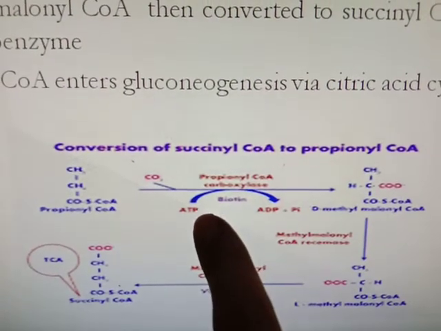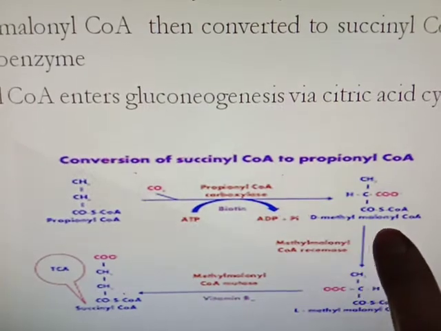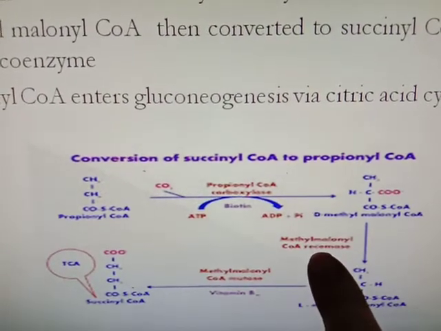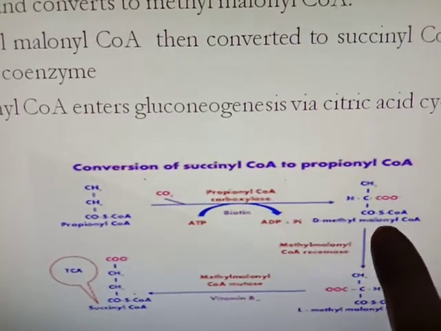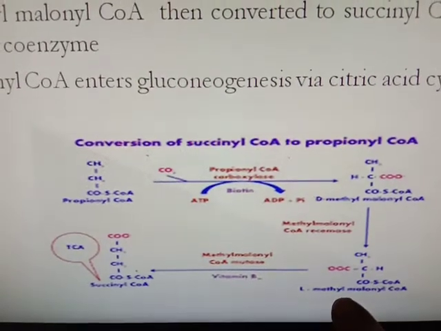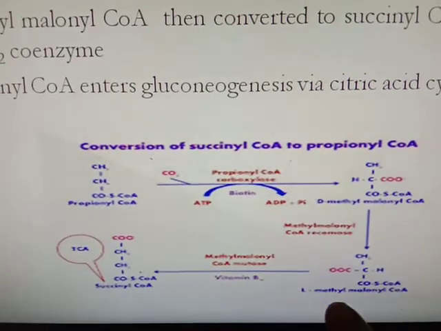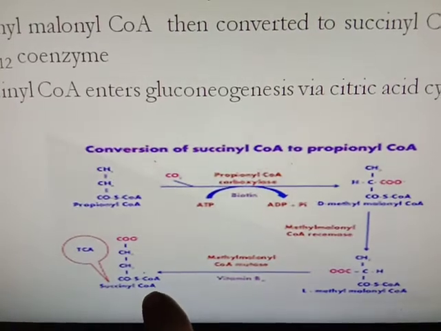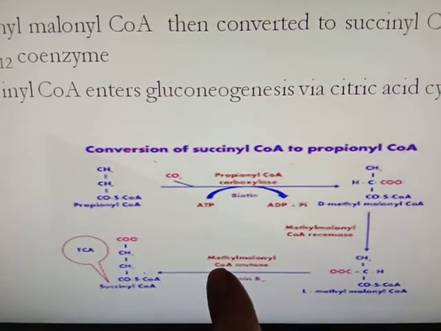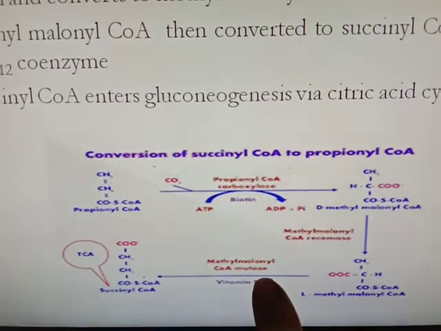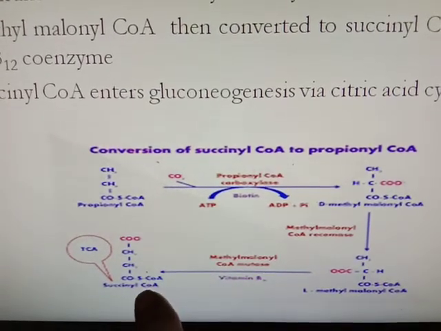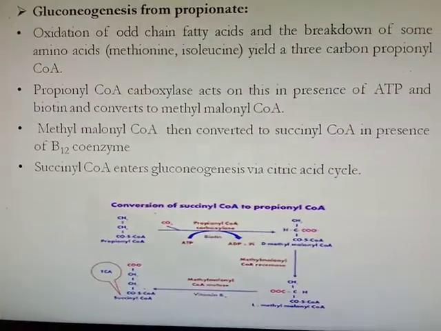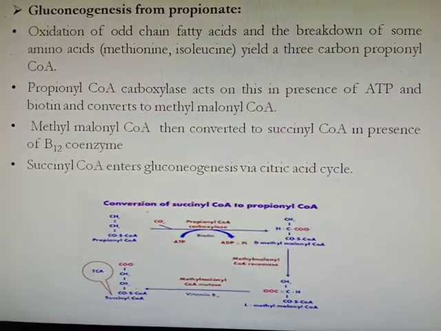In the presence of ATP, it forms D-methylmalonyl coenzyme A. Then methylmalonyl coenzyme A racemase acts on this D-methylmalonyl coenzyme A to convert it into L-methylmalonyl coenzyme A. Then this L-methylmalonyl coenzyme A is converted into succinyl coenzyme A with the help of the enzyme methylmalonyl coenzyme A mutase. This succinyl coenzyme A, which is an intermediate of the citric acid cycle, will enter into the gluconeogenic pathway.